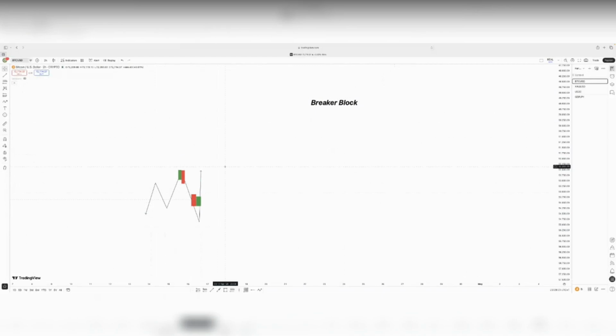But since this order block right here couldn't make a new low, it is a failed order block and it becomes a breaker block for price to use instead of this extreme for continuation.